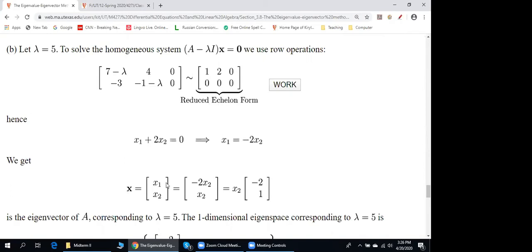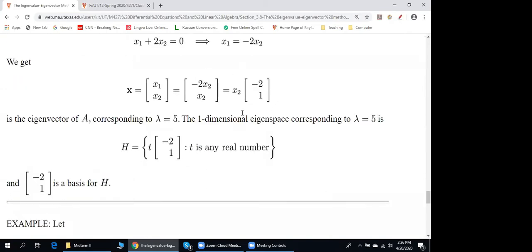Then we replace x1 by negative 2x2. We factor out x2. Here are eigenvectors. Here is the eigenspace. And here is a basis. We're done with this exercise.